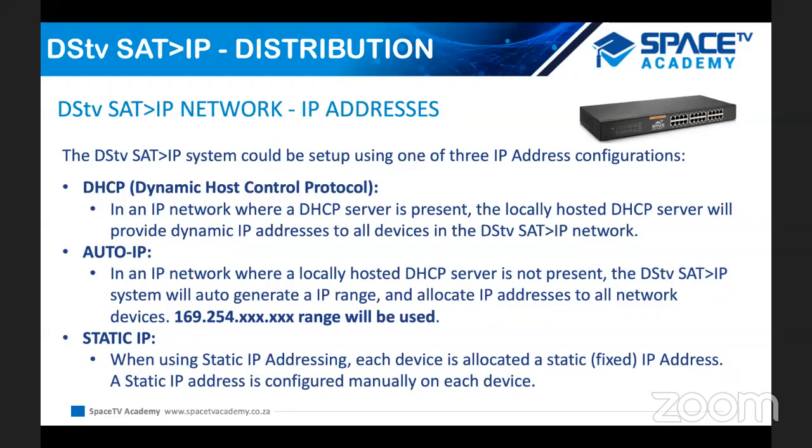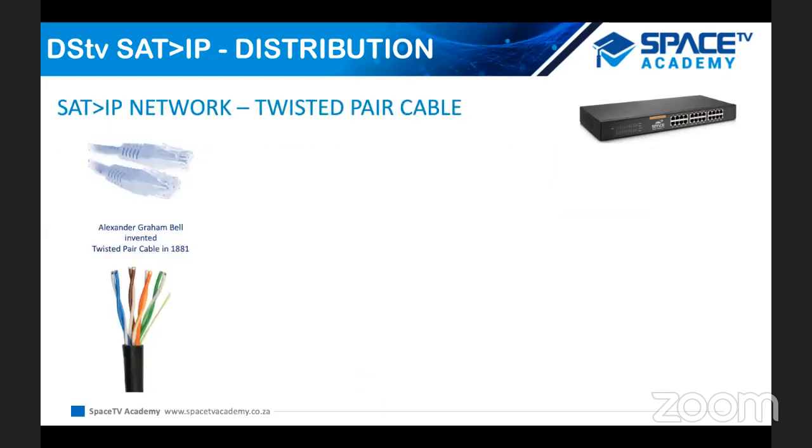Now, in this case, the factory default is an automatic IP search, which means your static IPs get lost, and you have to go through that entire system again and reconfigure all the devices and add them in again. So it could be quite tedious. So for that reason, we do not necessarily recommend static IP, but it is possible to use should you prefer.